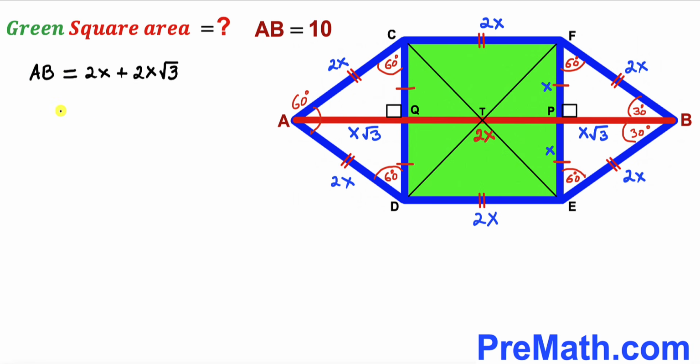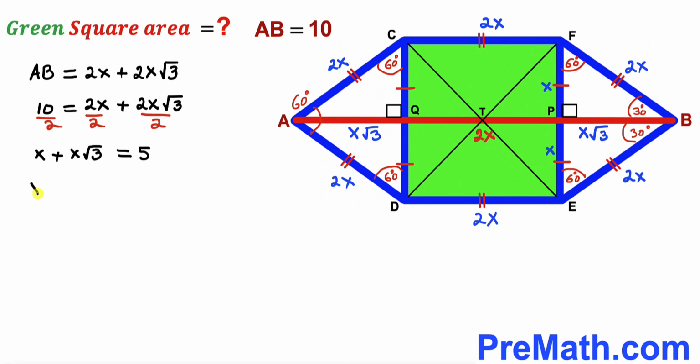Therefore I can write 10 equals 2x plus 2x times the square root of 3. Now I am going to divide by 2 across the board to make our job simple. So we end up with x plus x times the square root of 3 equals 5. And here we can see x is in common.